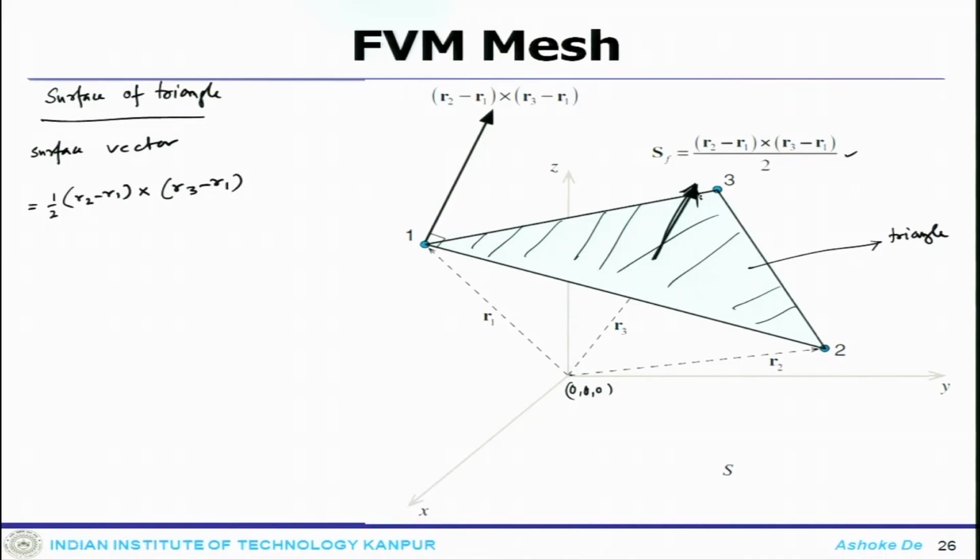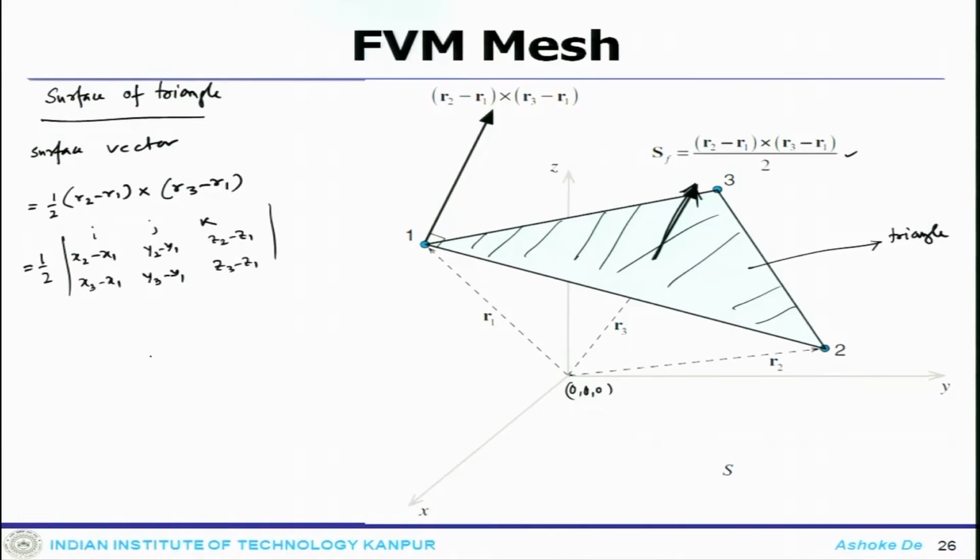This is how you calculate the surface vector. And if I write that down in matrix form, this is nothing but x2 minus x1, x3 minus x1, y2 minus y1, y3 minus y1, z2 minus z1, z3 minus z1.